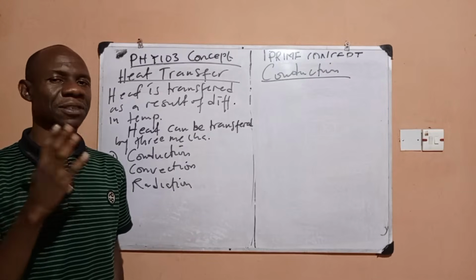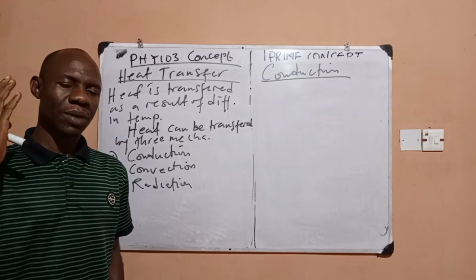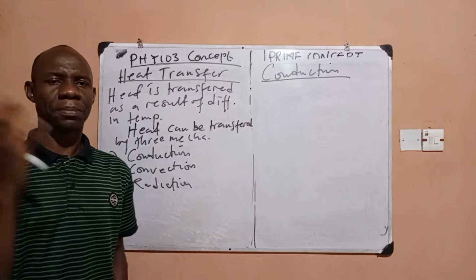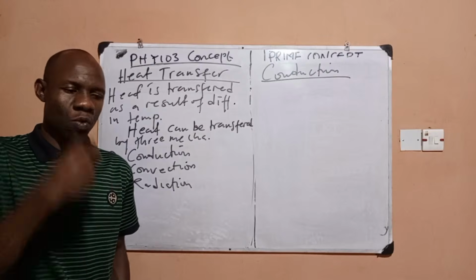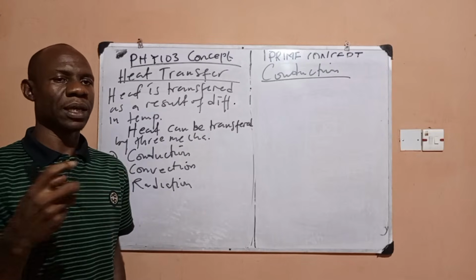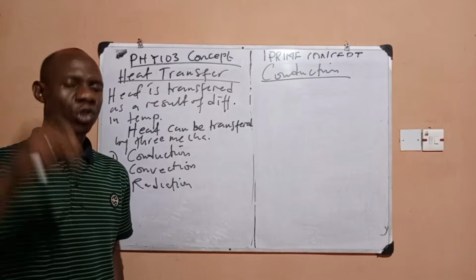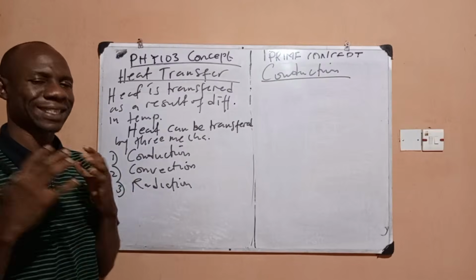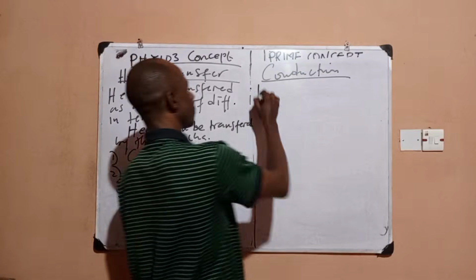Heat is transferred by conduction when there is no actual movement or displacement of the particles of the medium. So when heat is transferred from one point on a body to another point without the actual motion or movement of the particles of that body, then that kind of heat transfer is called what? Conduction.